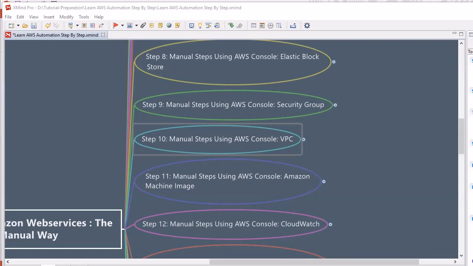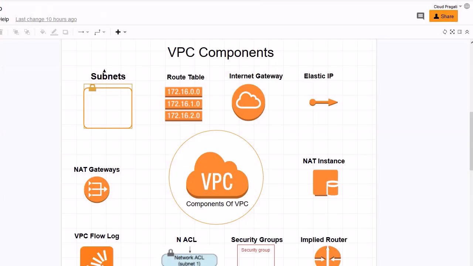To understand virtual private cloud in a better way, first we will look into the components involved in designing it. So let's jump into one of the diagrams. Here you will find the VPC components. These are the components which help us to design our own virtual private cloud, where we have much control over our virtual private network.